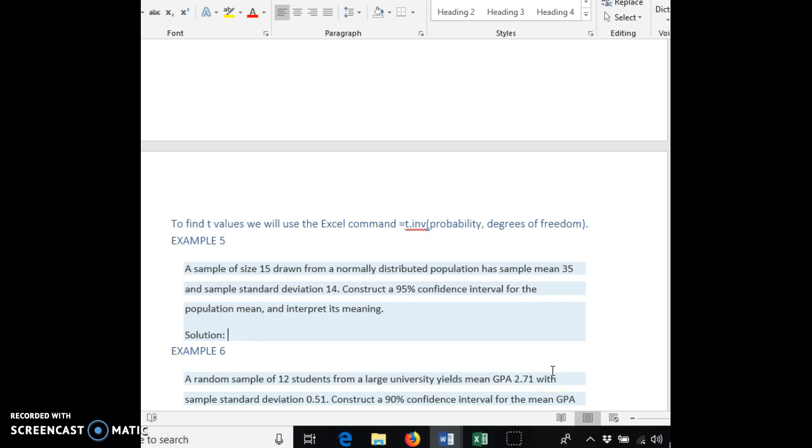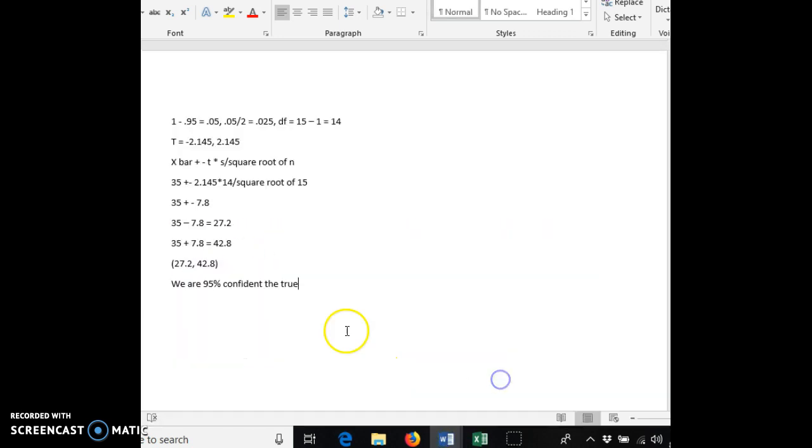We really don't have a specific situation to apply it to here. So we'll just say the true mean is between 27.2 and 42.8. And there we have it.